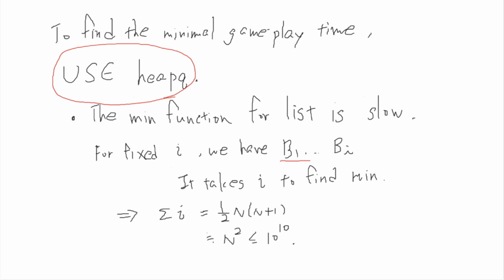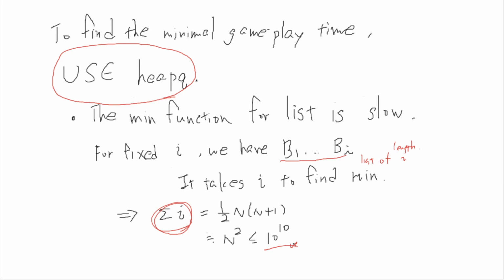So we have a list B of length i, and it takes i to find the minimal value. So the total time complexity is the sum of i, which is at most 10 to the 10th.